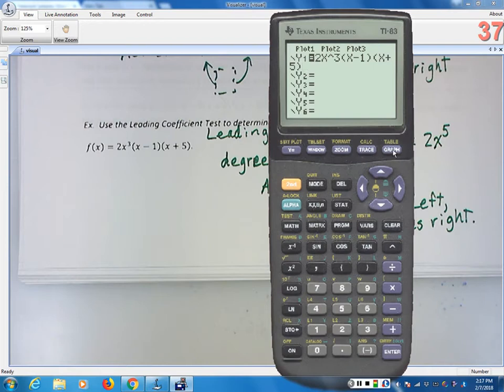And now if I just graph it, let's see, zoom 6, zoom standard. Oh, that's helpful, right? Okay. The problem is that we need to see a lot more. It is falling left, rising right.